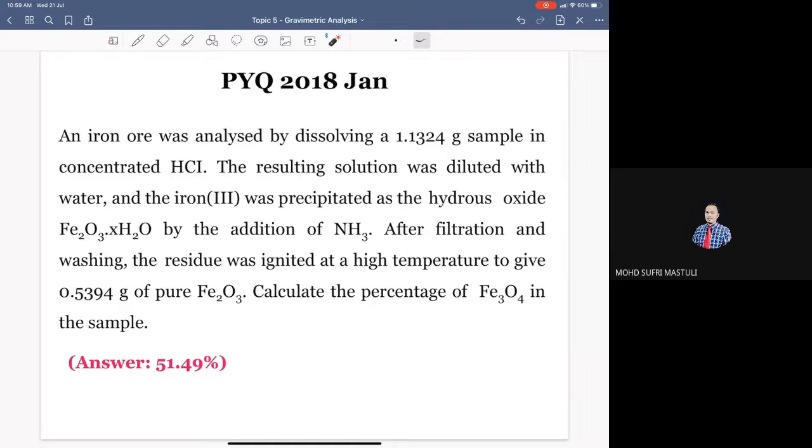The resulting solution was diluted with water and the iron was precipitated as hydrous oxide, by the addition of ammonia. After filtration and washing, the residue was ignited at high temperature to give 0.5394 gram of pure Fe2O3. So this is the precipitate.